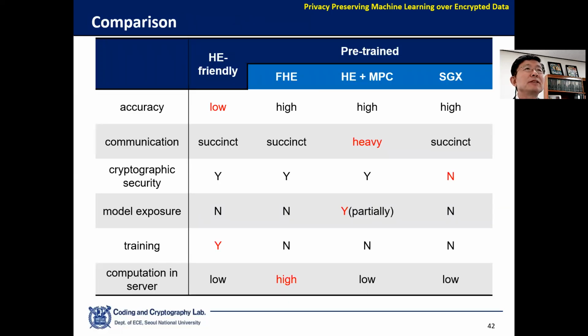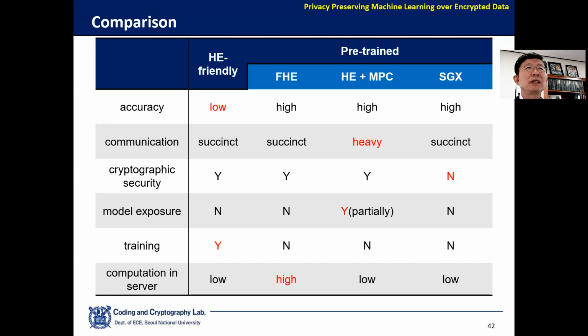Comparison of HE-friendly and pre-trained network. So accuracy of the pre-trained network is high, but the communication is heavy, especially in HE combined with the MPC.